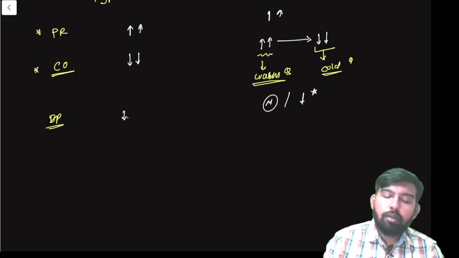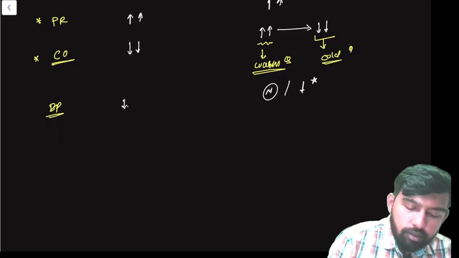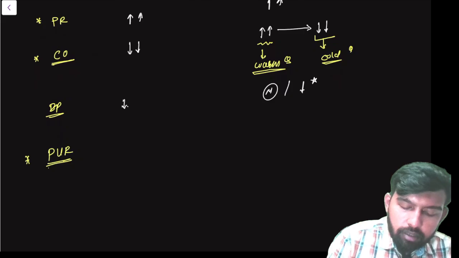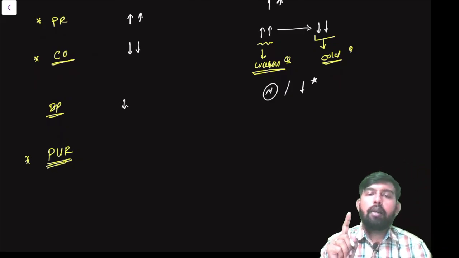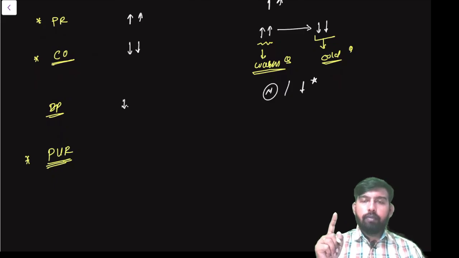So the most important feature or difference is peripheral vascular resistance. In case of a hypovolemic shock, the body tries to compensate the blood supply to the vital organs by causing vasoconstriction of the peripheral vessels.